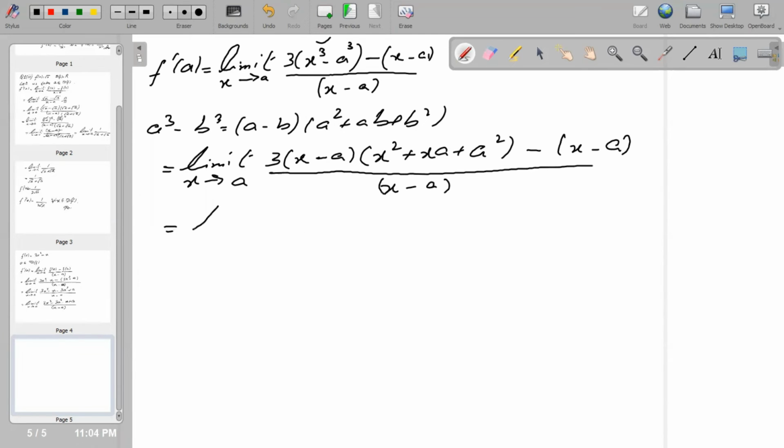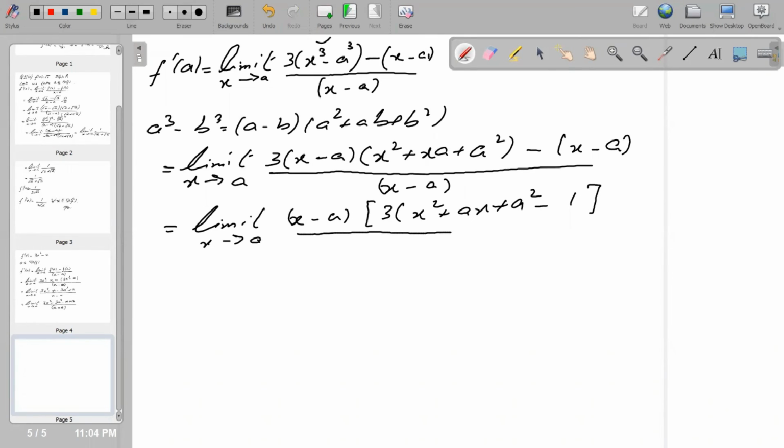So now taking x minus a common from the numerator, we have 3 times x square plus ax plus a square, minus 1, and divided by x minus a.